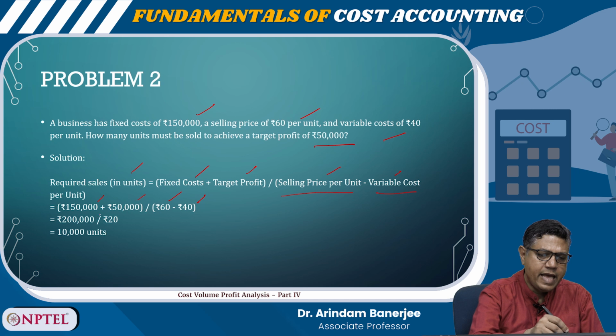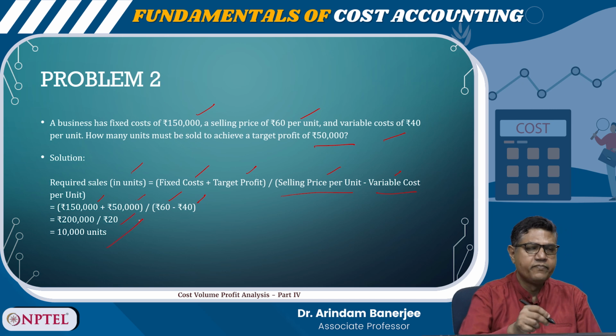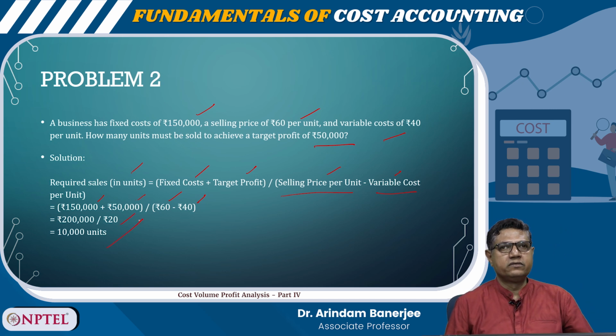So, rupees 2 lakh divided by rupees 20 is 10,000 units. So, the company needs to sell 10,000 units to achieve a target profit of rupees 50,000 if the fixed cost is rupees 1,50,000, the selling price is 60 rupees per unit and variable cost is 40 rupees per unit.